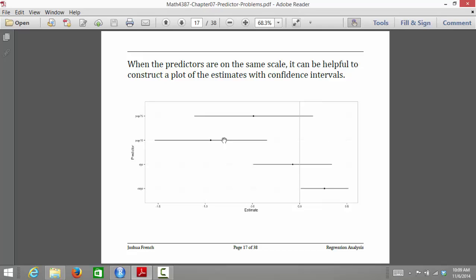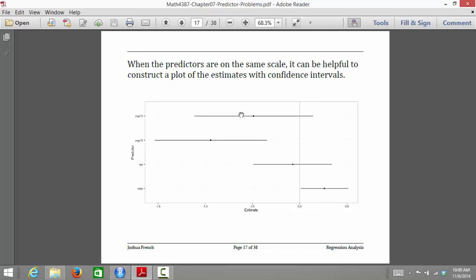But when they're on a common scale, then we can compare the confidence interval widths directly. And so in this case, looking at this plot that was constructed using ggplot2, we can see that the DDPI coefficient was estimated most precisely, followed then by DPI, and then these two regression coefficients for POP15 and POP75 were least accurately estimated.